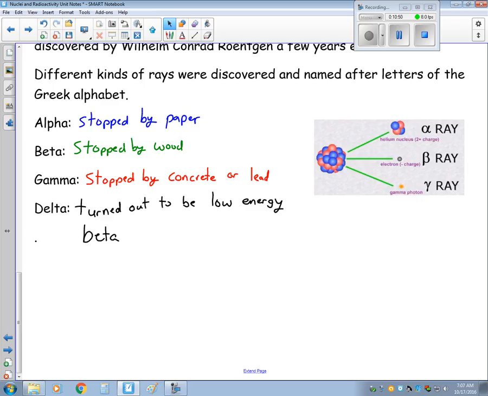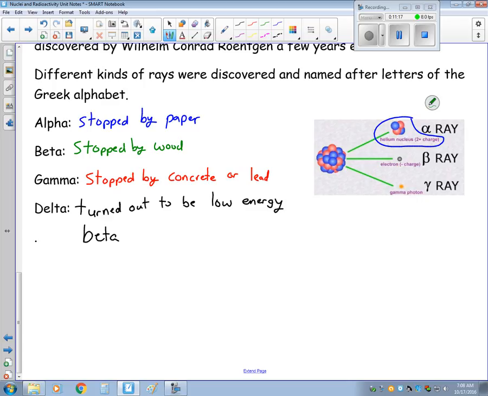Again, what it turned out was that these were not rays at all, but particles. The alpha ray turned out to be a particle that had 2 neutrons and 2 protons. So really, if you think about it, that is the nucleus of a helium atom.